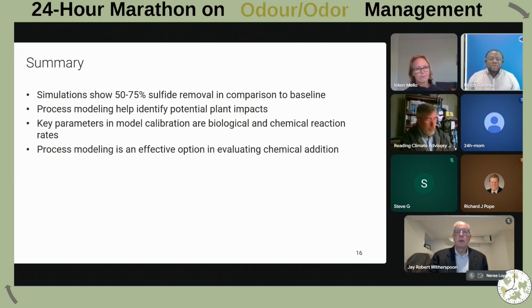We know that when you add mag in your system and you have digestion, you can potentially have struvite formation, which is something that you don't want. So we were able to calibrate the model and predict the threshold of mag addition to avoid struvite formation in your solids processing. I don't have the numbers right now, but this was one of the additional things that we did there.